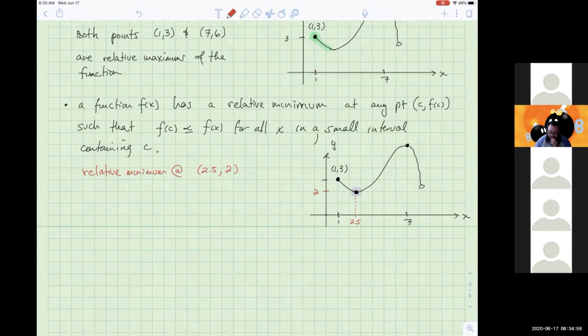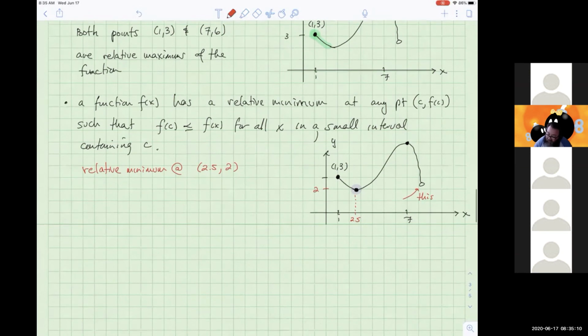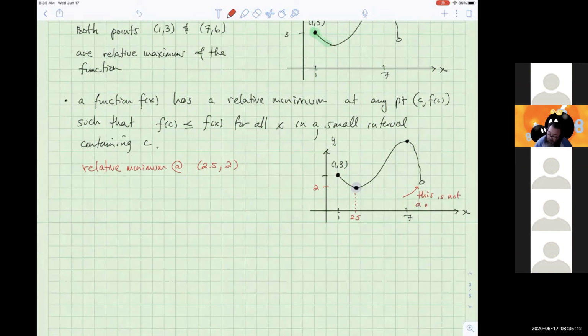Now, are there any other low spots on this graph? And you got to be careful here. No, because there's an open circle. This is not a minimum. There is no point there.